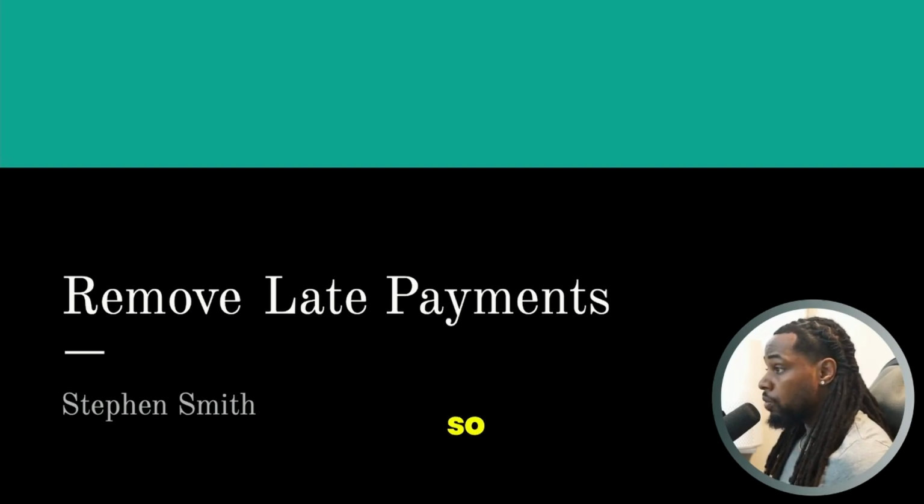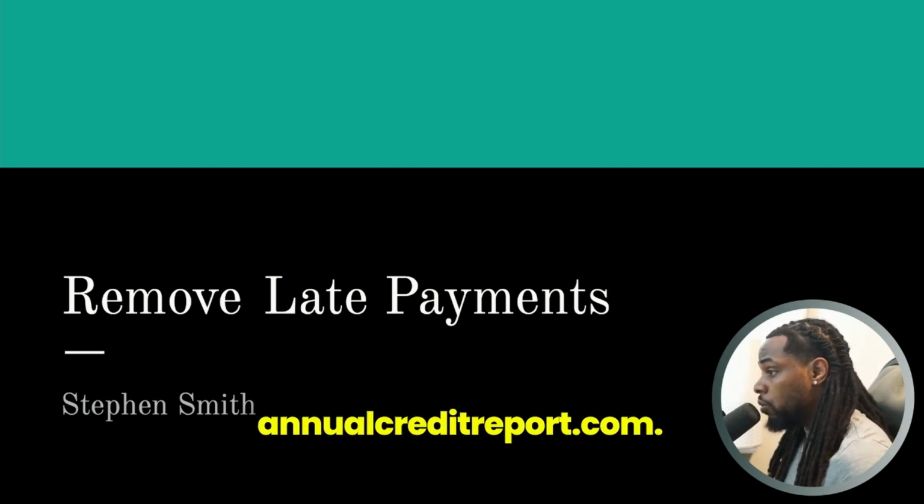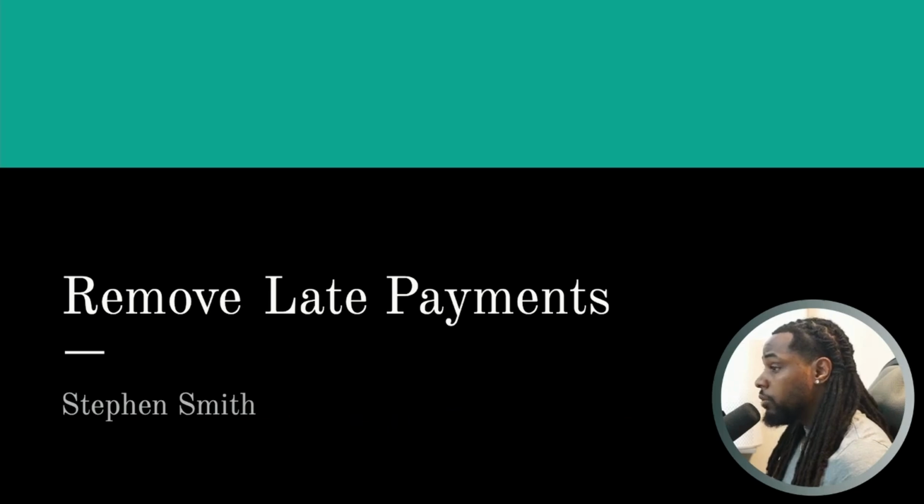All right. So we're going to start by going to Experian. If you want to get all 3 of your credit reports completely free, go to annualcreditreport.com. You can get your credit reports free once per week. Now, keep in mind, if you are in dispute, TransUnion will not allow you to see your credit report while you are in dispute.